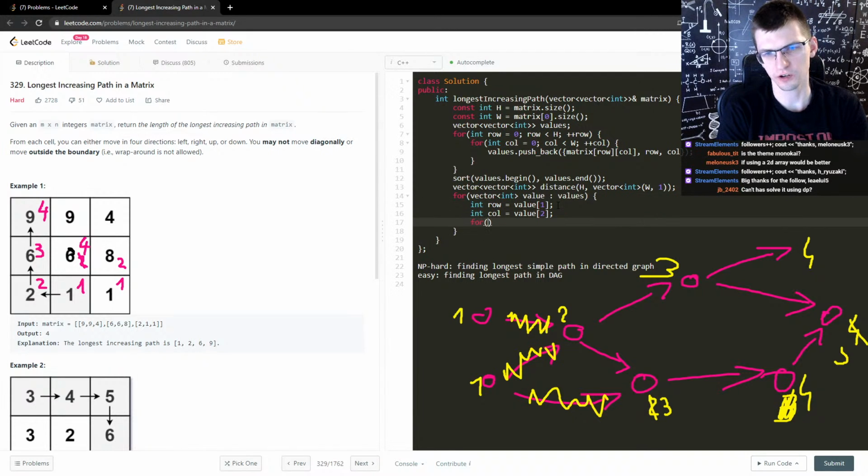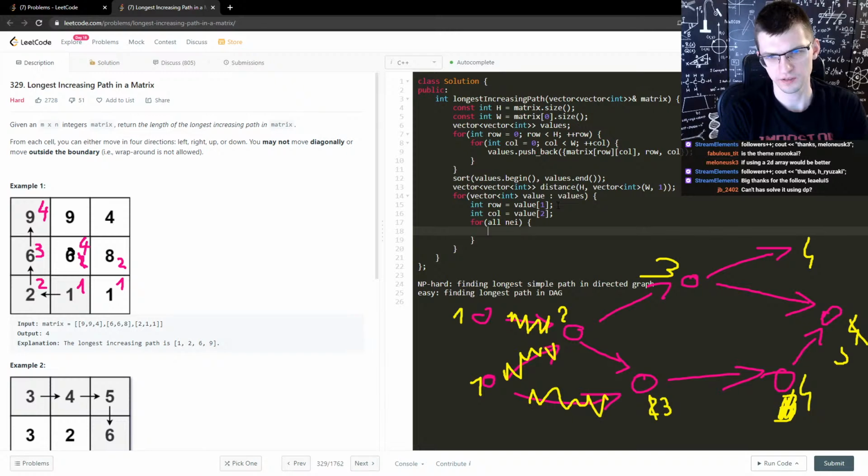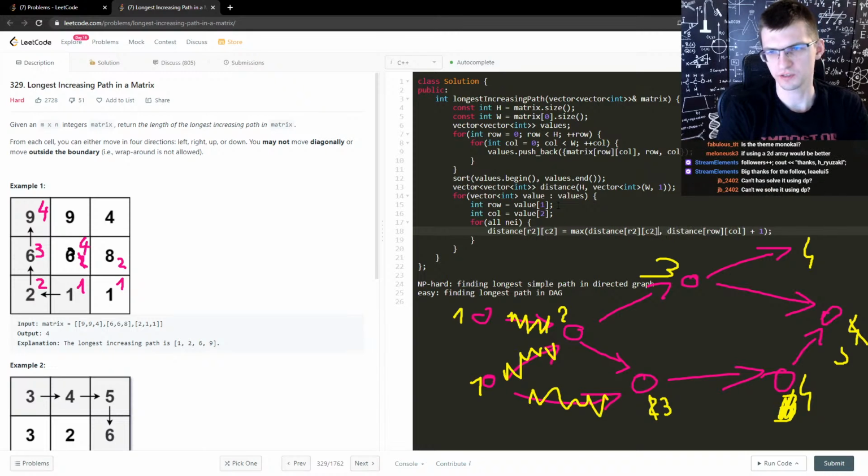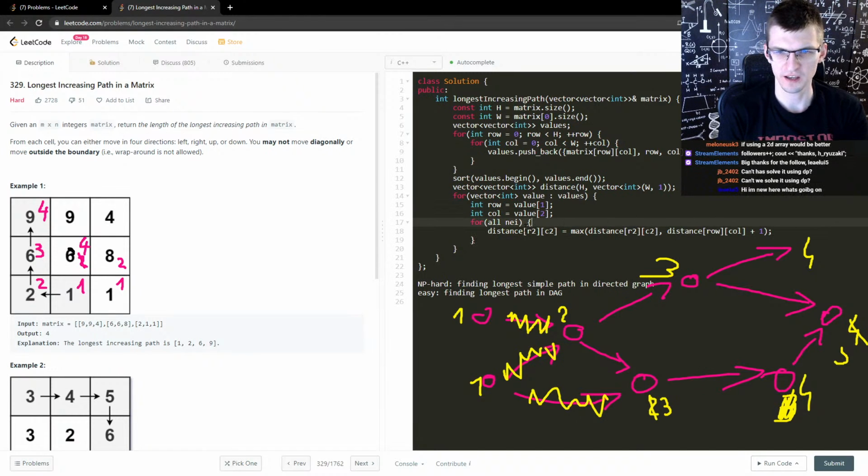Here I need to say for all neighbors, something like distance of that neighbor is maximum of itself and my distance plus 1. Right? Yeah, like if I have 3 steps so far, then he has 4. By this maximize to C2. This could also be a function maxi from the previous code, but I don't want to introduce unnecessary function for just a single thing.